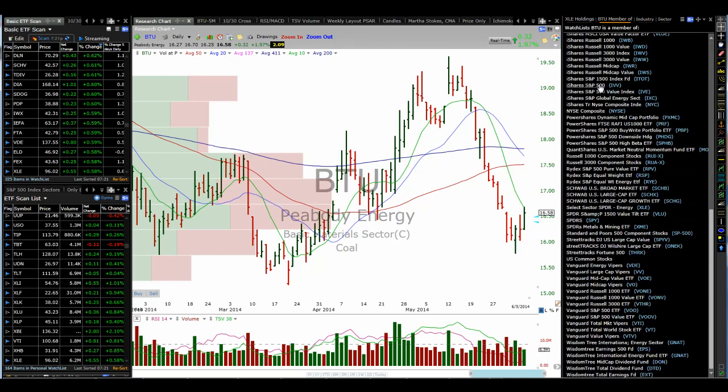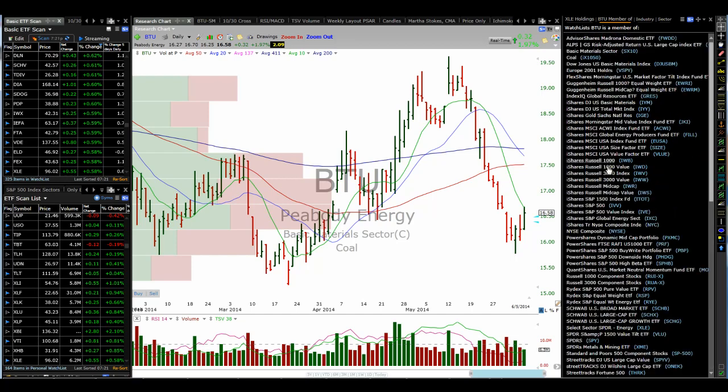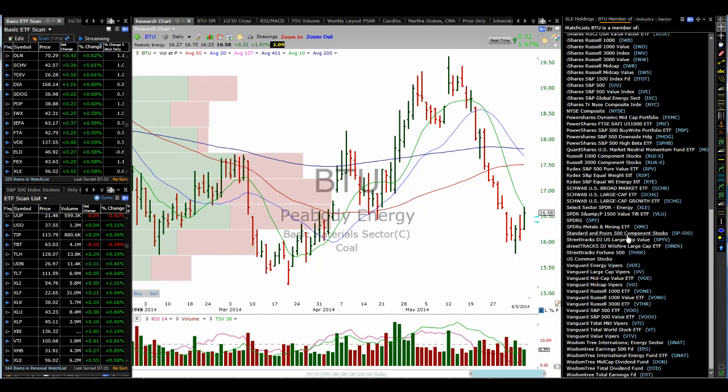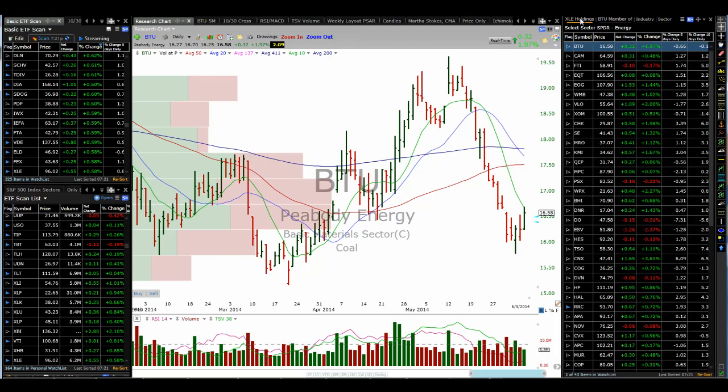And you can see that now I can see all the ETFs that BTU belongs to, and I can quickly filter through those and see if there's any that interest me relative to the oil sector, or energy. So I have a simple way of going back and looking at what is in each ETF, but I also can build my watch list of ETFs that have all the energy stocks.